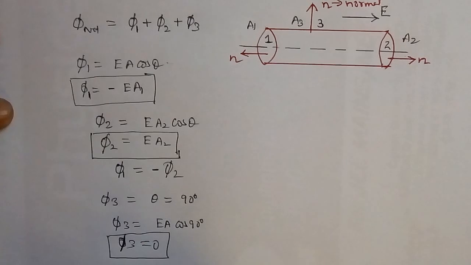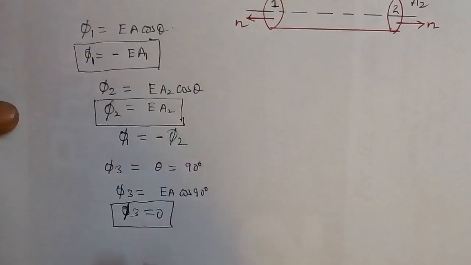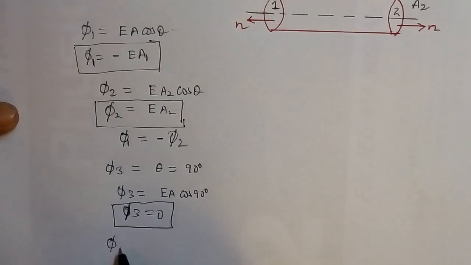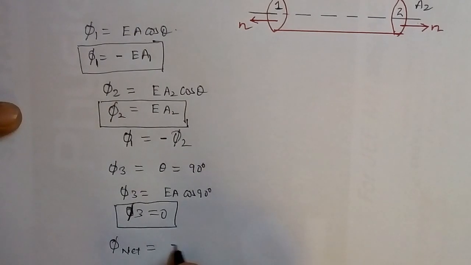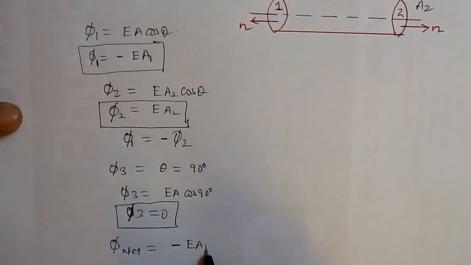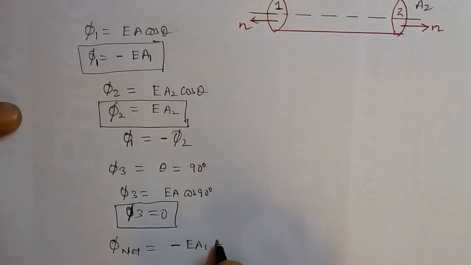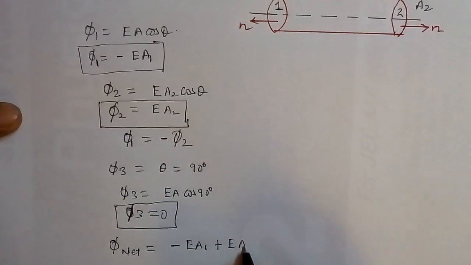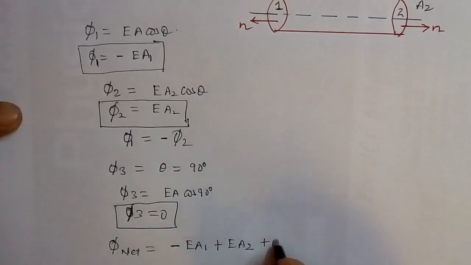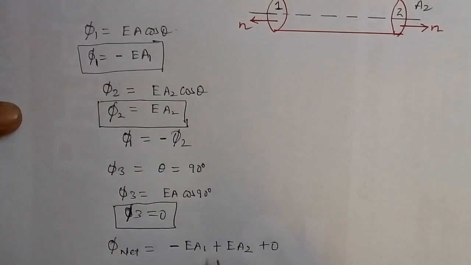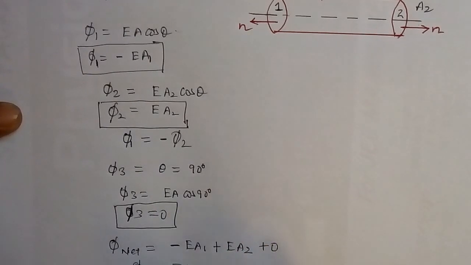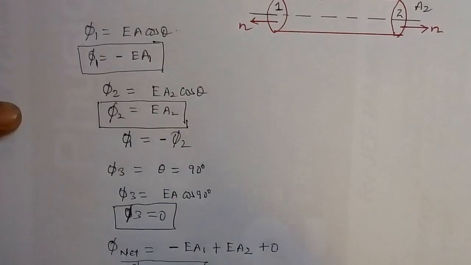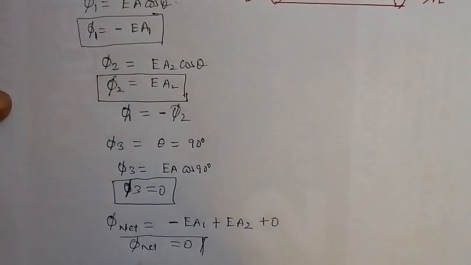Therefore we can write the net flux as phi 1 is minus EA1 plus EA2 plus 0. And since our areas are the same, A1 equals A2, our net flux becomes 0.